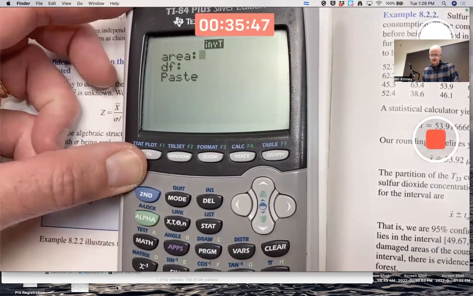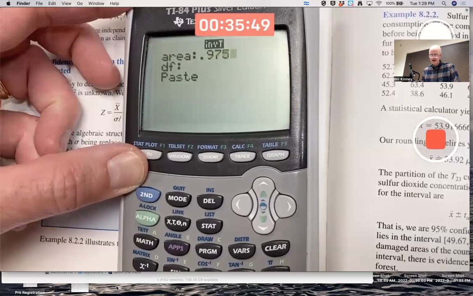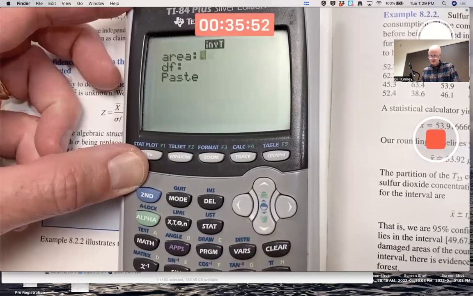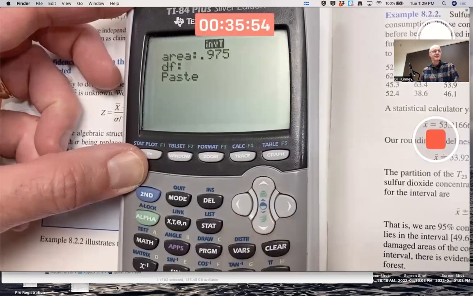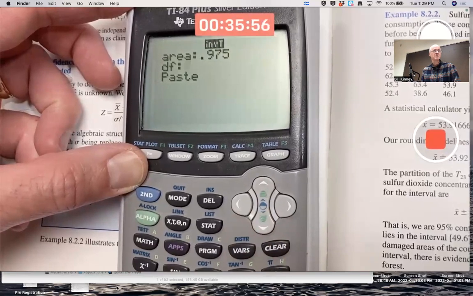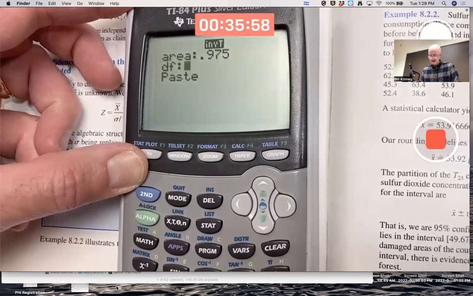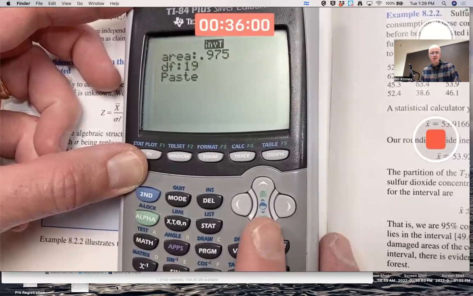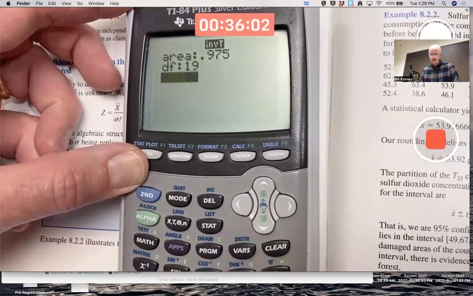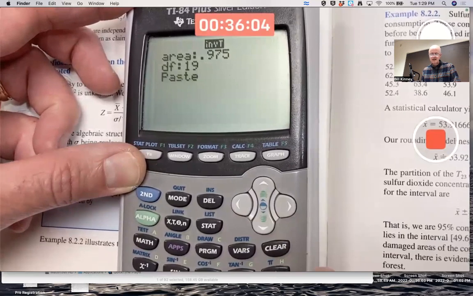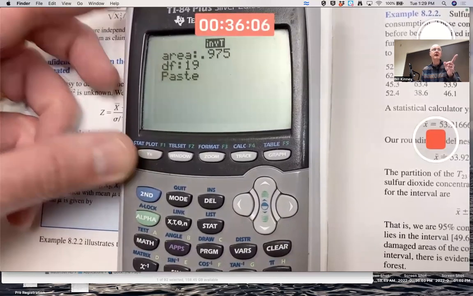Like if we want an area of 0.975 to the left, because we're after a 95% confidence interval, alpha over 2 is 0.025. And maybe we've got 19 degrees of freedom. We're going to get a t sub 0.025.